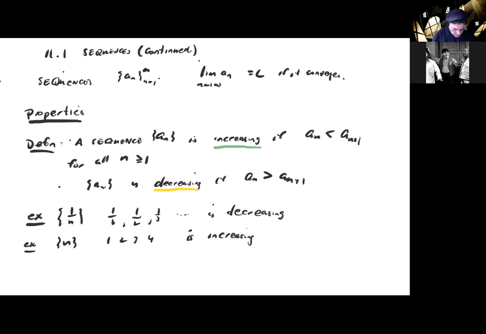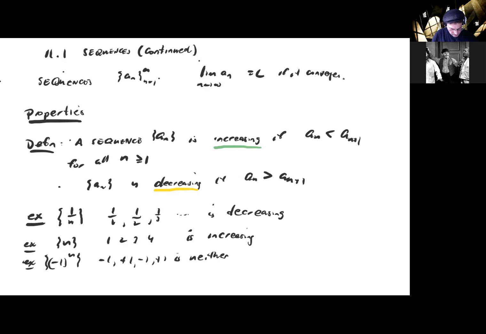Another example would be (-1) to the n. That's the sequence -1, 1, -1, 1. That's neither increasing nor decreasing. So that's no good. I want to add to the definition.